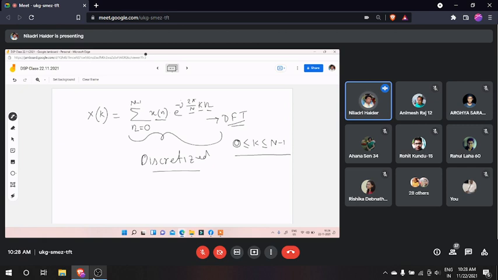So k should also be within that range. Okay, so then you will get the exact same result but in the discrete domain.